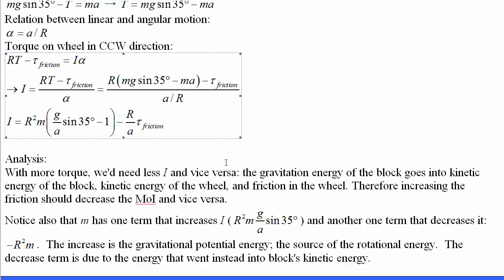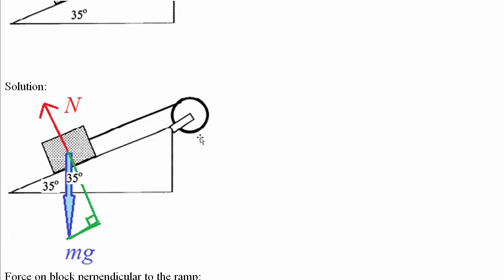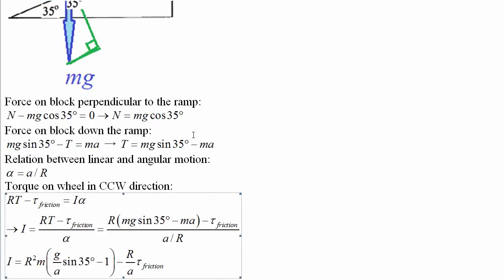Let's think about this. What's going on in this problem is we've got gravitational energy in the block being converted into what? Into kinetic energy in the block, into rotational energy in the wheel, and also into frictional energy, into losses in friction, into heat in the axle.